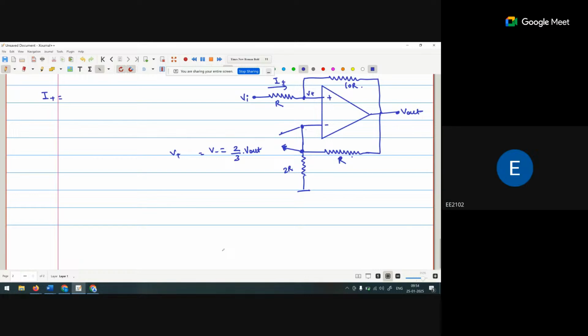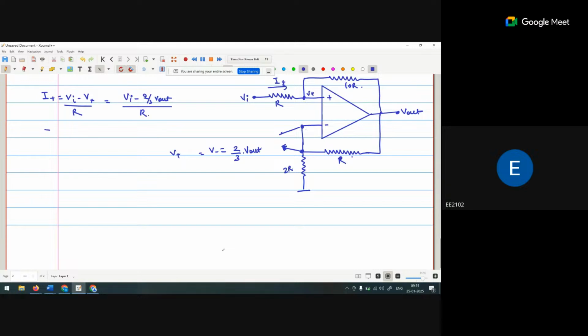So I plus is equal to Vi minus V positive upon R. So V positive is Vi minus 2 by 3 V out, upon R.